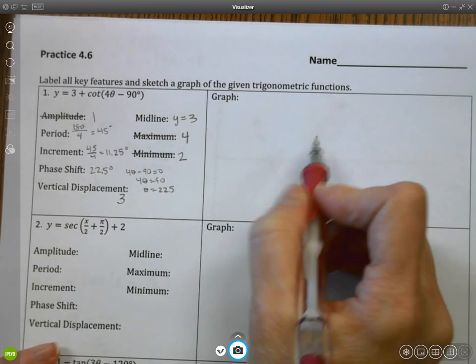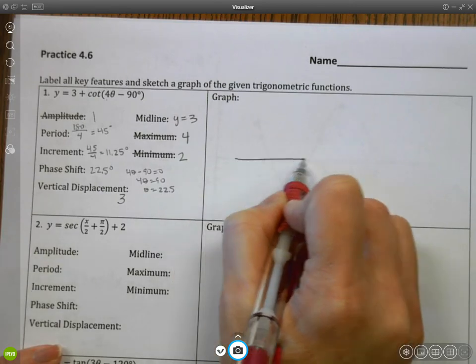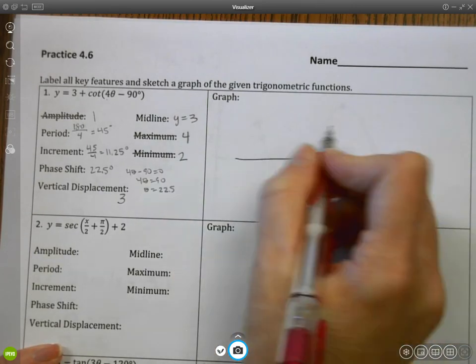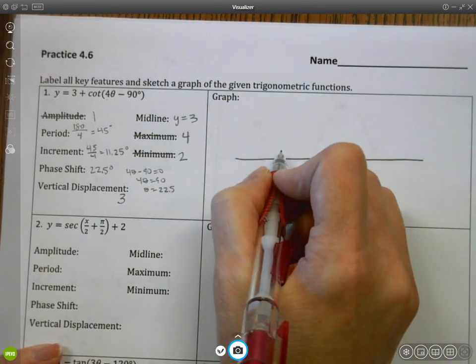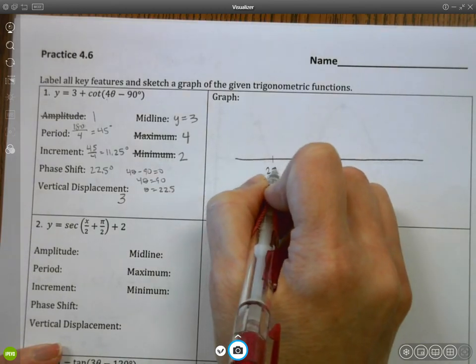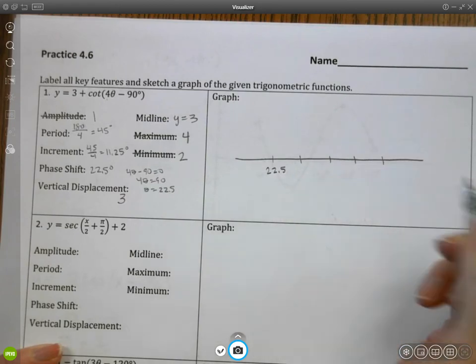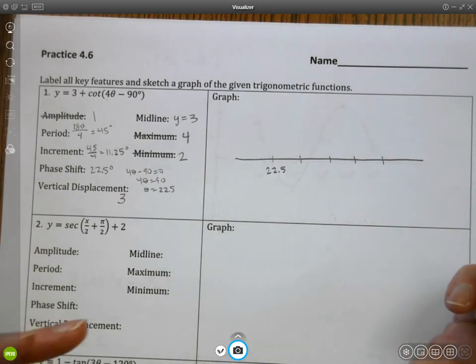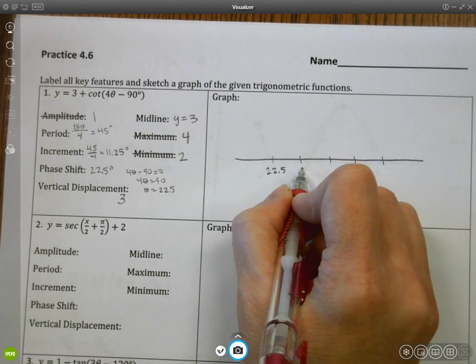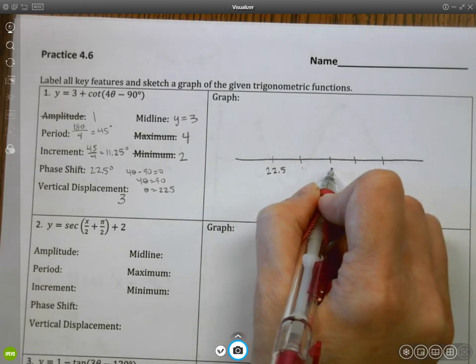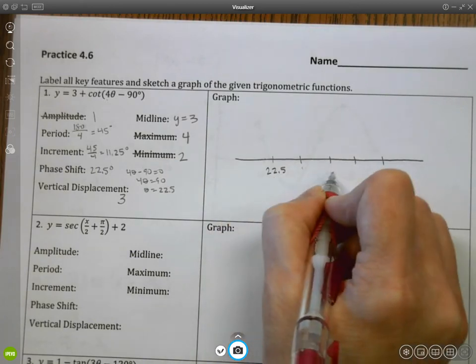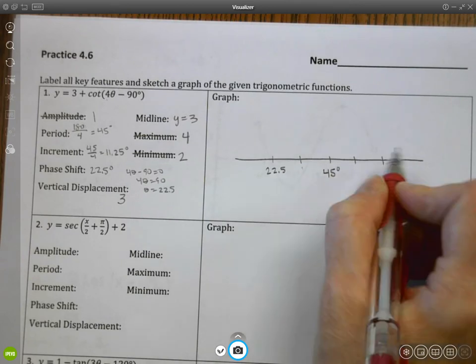Alright, so draw your x-axis. We have a phase shift of 22.5. And we need 4 more marks. And again, you're counting by weird little decimals. I don't need you to write every one of them. This is plus 11.25 plus another 11.25 means we can just add 22.5 again and be at 45.